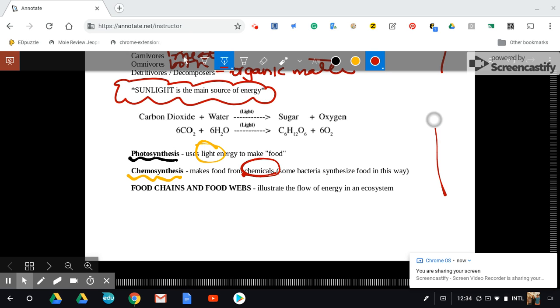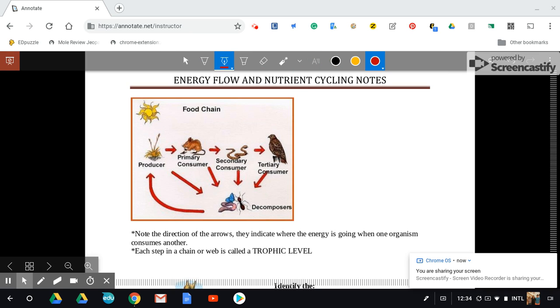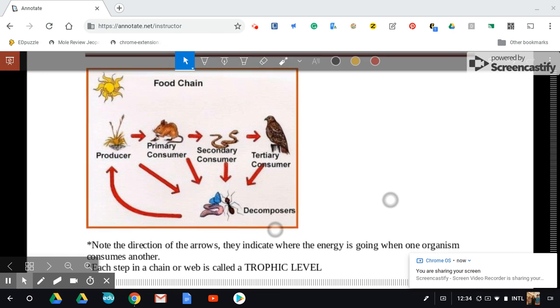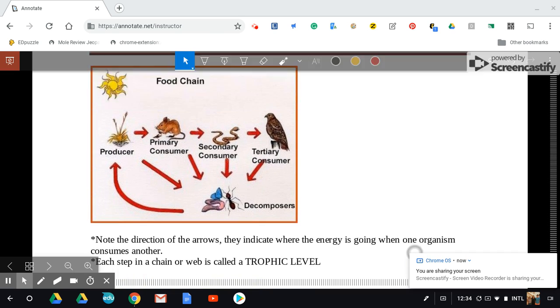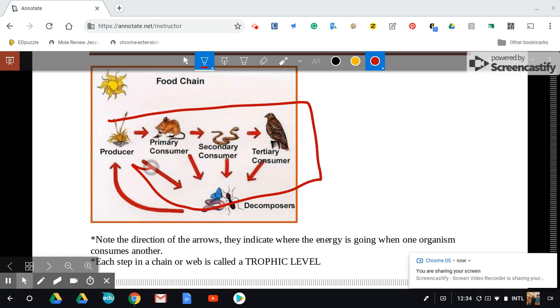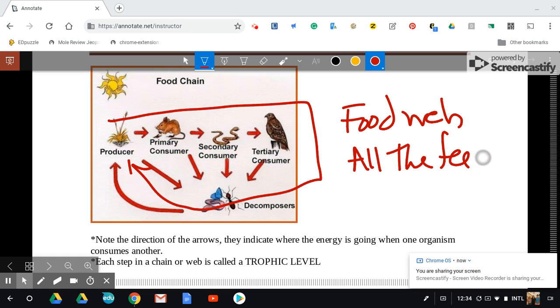Now, let me go to my next page. The difference between a food chain and a food web: a food chain only shows one direction, so it's like one way. A food web shows all the feeding relationships.